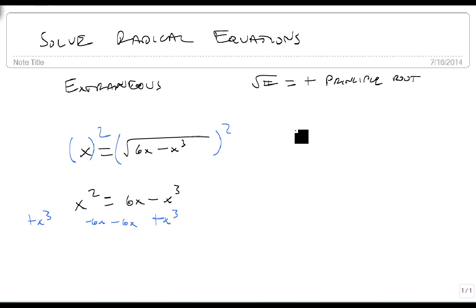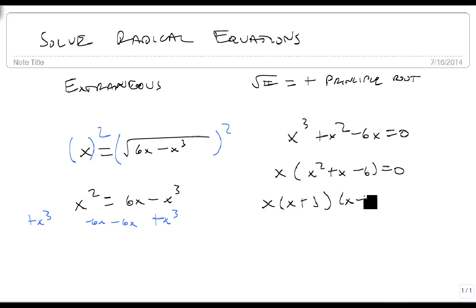And so that's going to give me the equation x cubed plus x squared minus 6x equals 0. Start by factoring, pull out an x, that's x squared plus x minus 6 equals 0. Factors of negative 6 that add up to 1 are positive 3 and negative 2. This gives me as my answers x equals 0, x equals negative 3, and x equals 2.